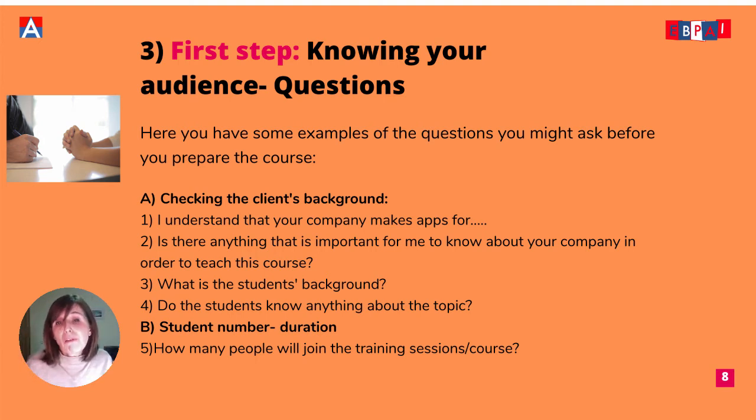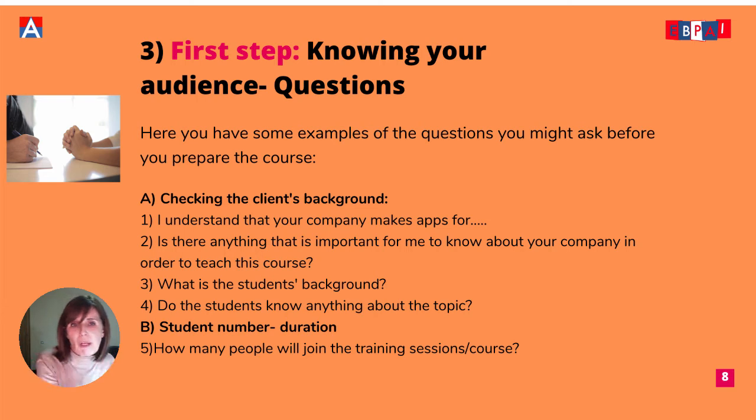Then you can go into the number of students that are going to join the course, and also the duration of the course. So you can ask something like, how many people will join the training sessions? Because suppose you are thinking that you have a course that lasts 3 hours, but the client says, no, I cannot have a course for 3 hours here in the company.